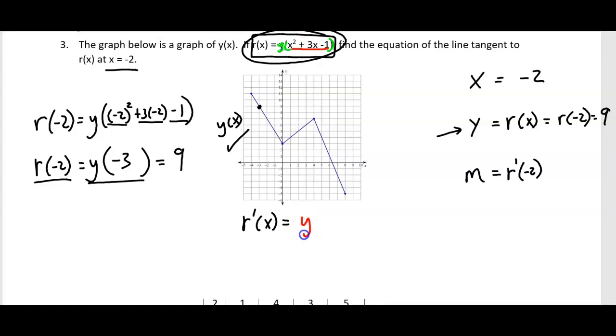So y prime, and we'll leave the inside the same, that's the derivative of the outside, multiplied by the derivative of the inside. All right, and now after I find the derivative, I want to plug in negative 2.